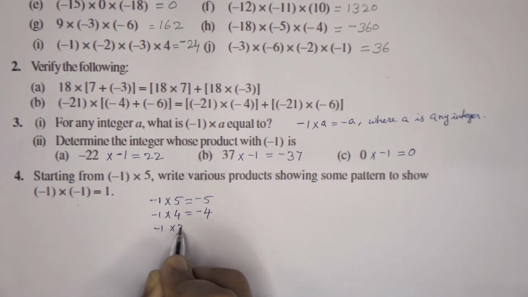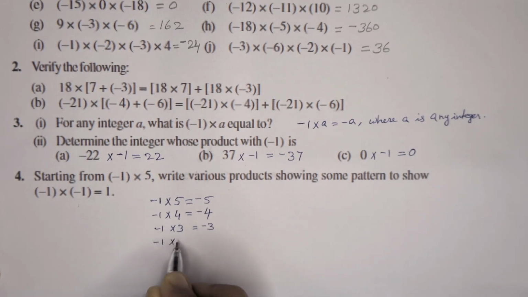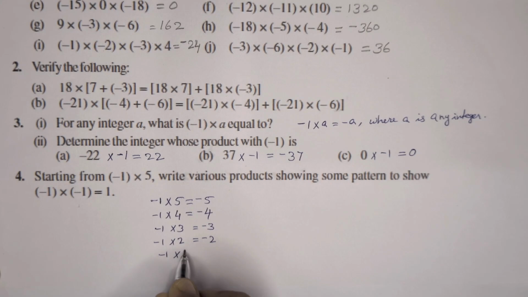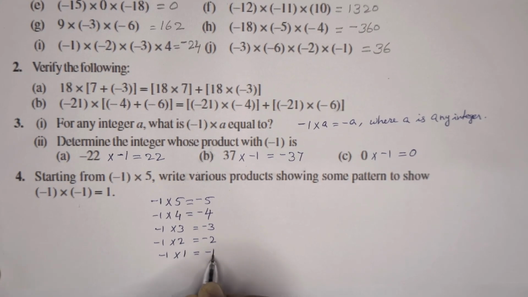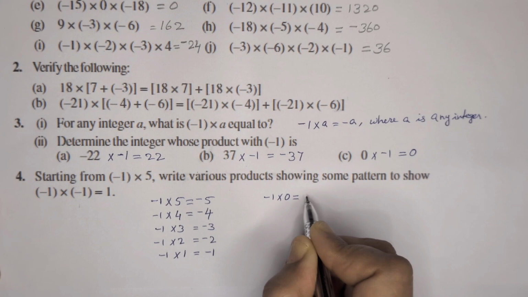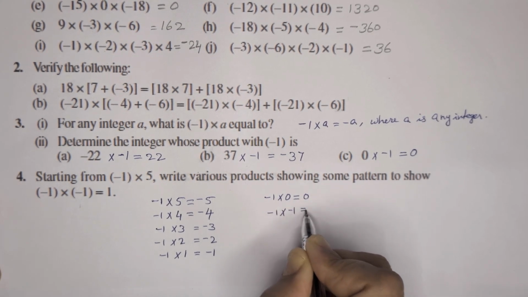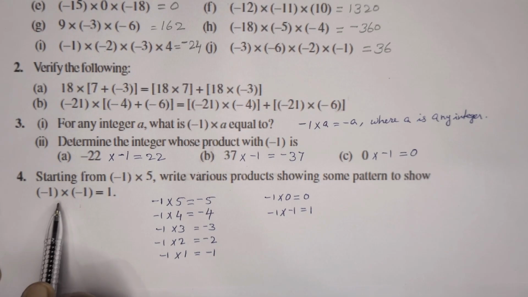Minus 1 into 3 is minus 3. Minus 1 into 2 is minus 2. Minus 1 into 1 is minus 1. Then minus 1 into 0 is equal to 0. Minus 1 into minus 1 is equal to 1.